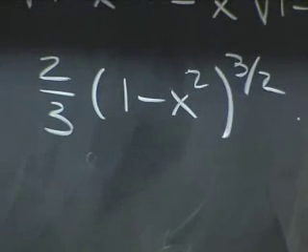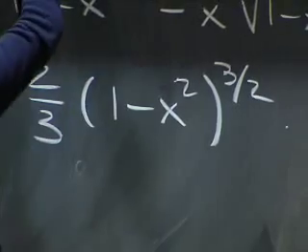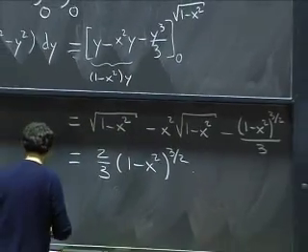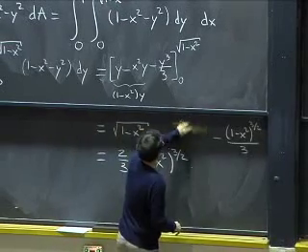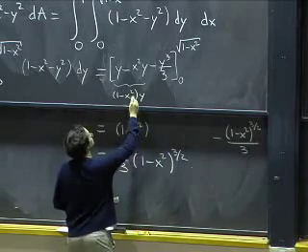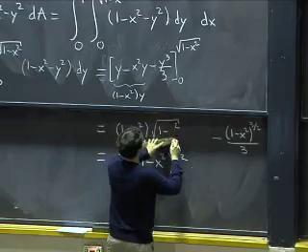Okay, let me redo that maybe slightly differently. This was 1 minus x squared times y. So 1 minus x squared times y becomes square root of 1 minus x squared. Oops, x squared.